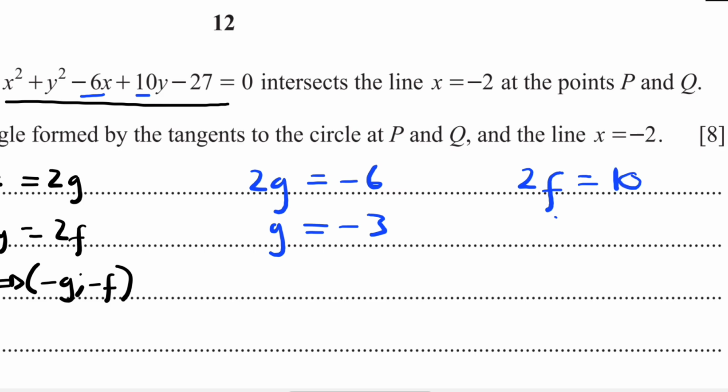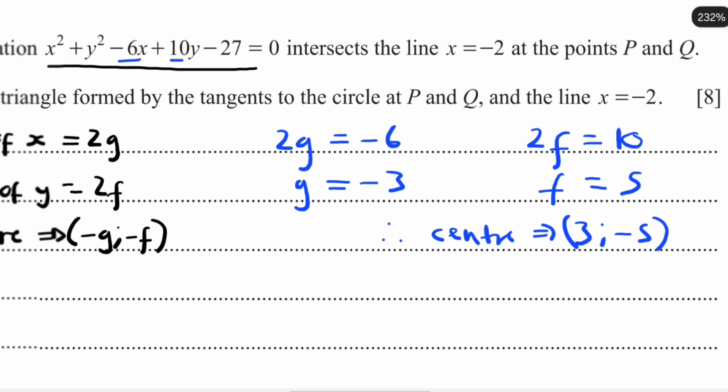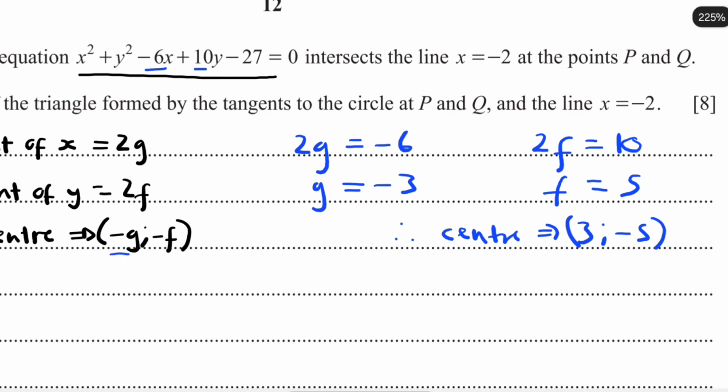So our f is 5. So with this, our center is (3, minus 5). Since our center is minus g, minus this we get 3, then minus f, it's minus 5.